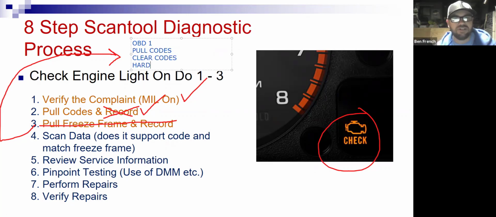So I'm going to say hard versus soft. What am I talking about here? Well, back in the OBD1 days, you would have a car, you'd pull the codes, you might get a whole bunch of codes, you would clear them. I'd always write them down, I'd clear them, and I'd see what came back.